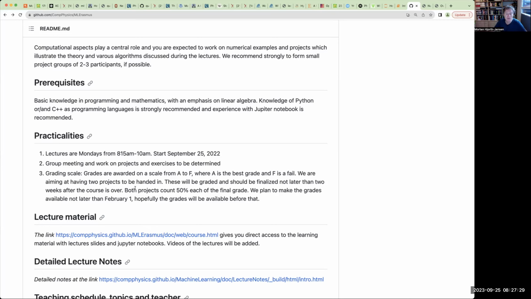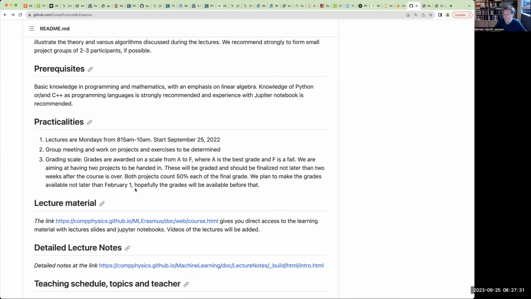And since many of you are most likely going to move from Caen to your final master thesis destination place, I was thinking that we could have a deadline around February the 1st, February the 15th, so that you will have the grades available most likely by the end of February.